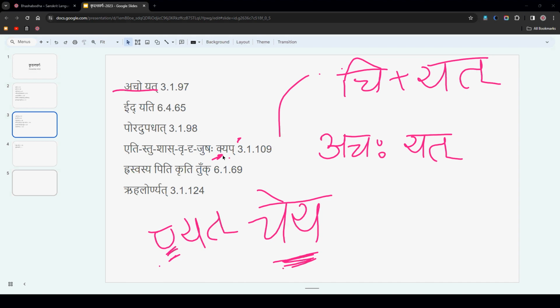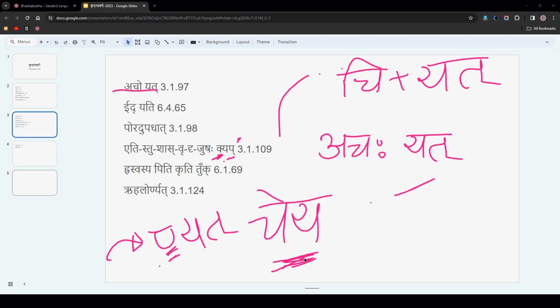So those sutras will kick in if you use kyap and nyat, and the steps will become different, and finally we won't be able to get this cheya form. So the Ashtadhyayi keeps kyap and nyat separately, for usage with other dhatus which need that kind of process to derive the final desired form.